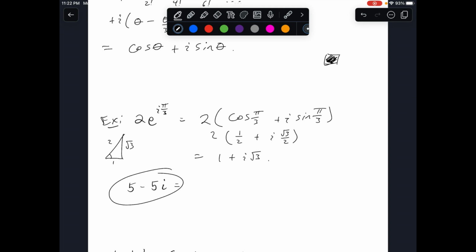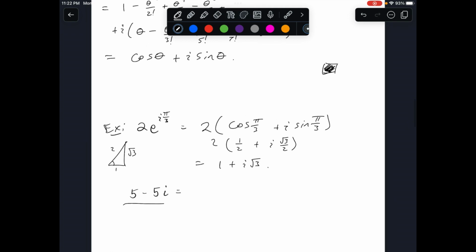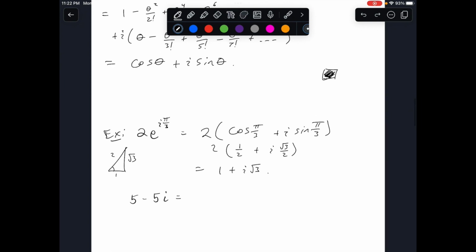Conversely, you can go from something like 5 minus 5i and put it into an r e to the i theta expression, or form. A lot of times it can be helpful to just draw this in the complex plane.